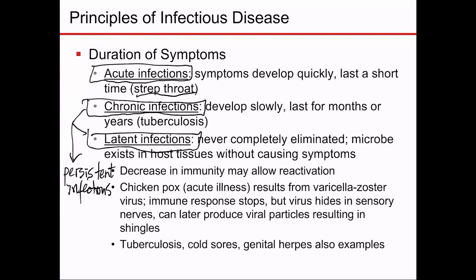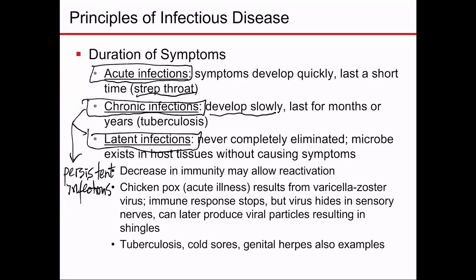We're talking about infections that can last for a long period of time in the subject. It could be for months, for years, or for the rest of their lives. A chronic infection, however, is an infection where the disease is going to develop slowly, and the pathogen is going to be slowly replicating in that person.